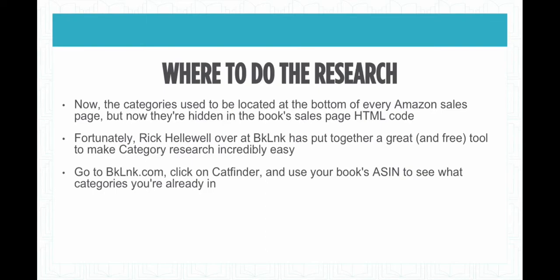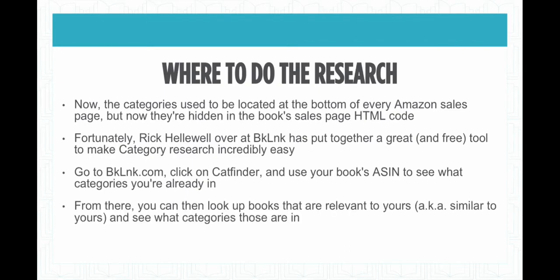So go to bklnk.com and click on the cat finder. It's not for cats, it's actually for categories. Use your book's ASIN, your book's special Amazon number, to see what categories you're already in. From there, you can put in the ASIN of any book in your category to see what categories that book is in.